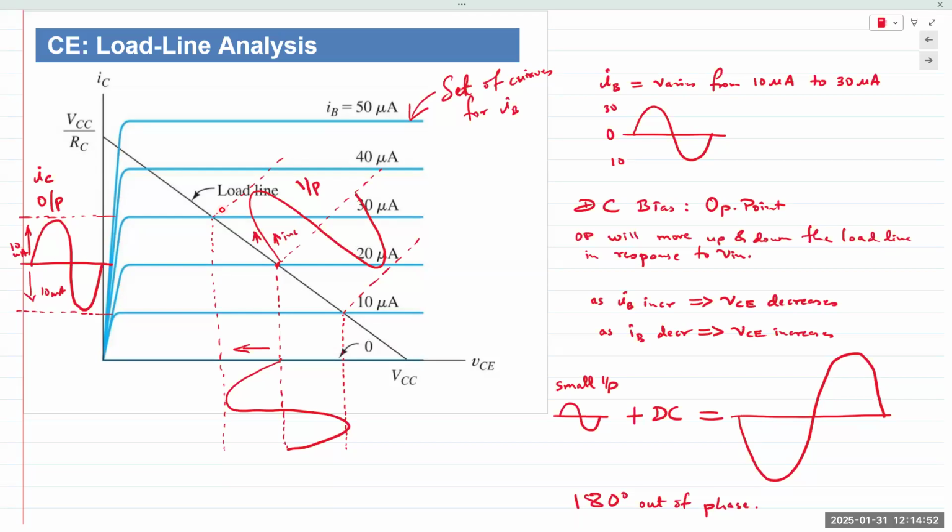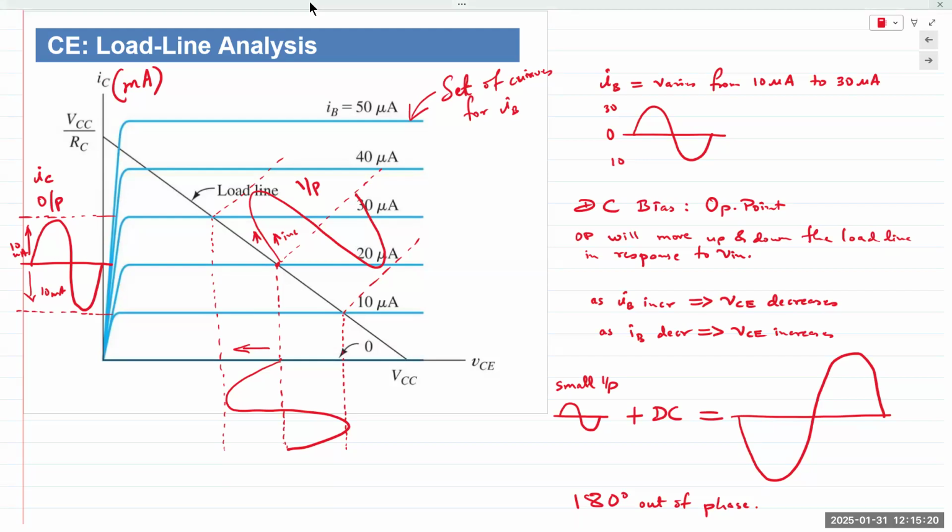Beta is 100. You would expect that IC would be about 100 times IB. So a small input results in a large output. Obviously, these are not to scale, but you can see IB is microamps. IC is not written here, but it would be typically in milliamps.